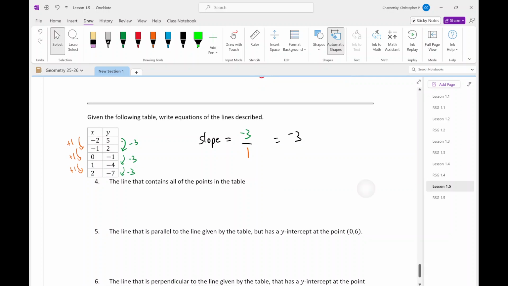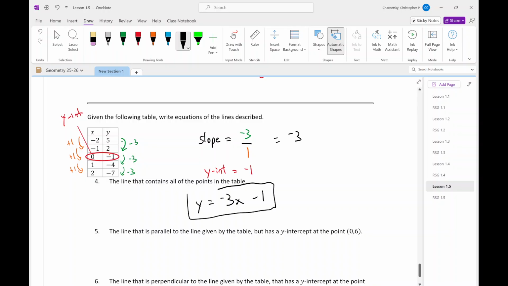All right, next thing we need to write an equation, we need a y-intercept. And we can see that on our table because our y-intercept is going to be right here when x equals 0. That's our y-intercept. Okay, so y-intercept equals -1. So our equation is going to be y equals -3x minus 1.